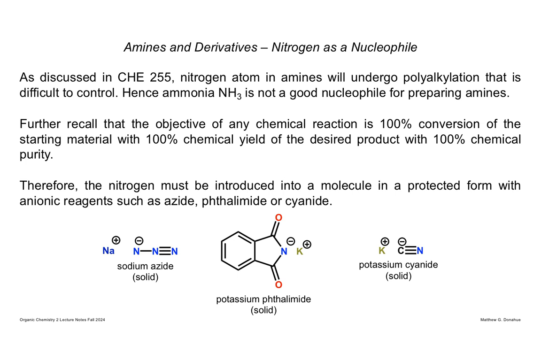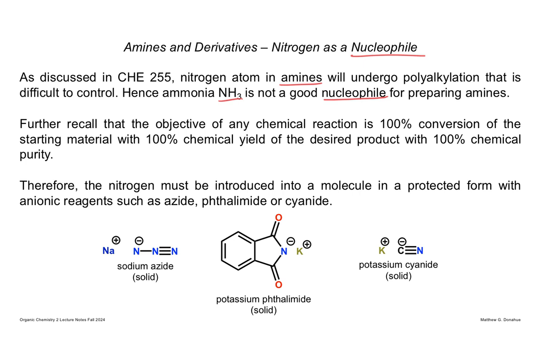So now we're going to switch gears here and look at nitrogen not as a base, but as a nucleophile. So how do we get nitrogen into a molecule to make an amine? One of the first reactions we learned with SN2 chemistry is that ammonia by itself is not a good nucleophile, because essentially it will polyalkylate.